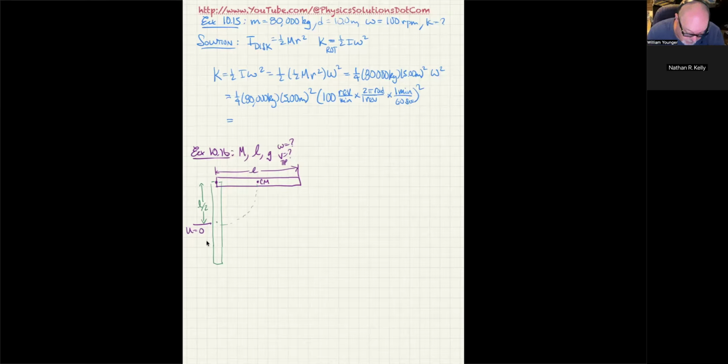So we're going to go ahead and say 0.25, that's the 1/4, times 80,000 times 5 squared times, now I'm going to put this in parentheses, 100 times 2 times 3.14159 divided by 60, close parentheses, and now I'm squaring that, and that should give me 5.48 times 10 to the 1, 2, 3, 4, 5, 6, 7.